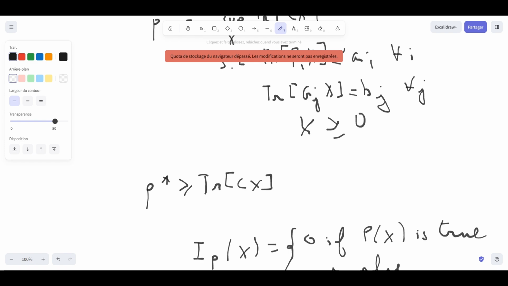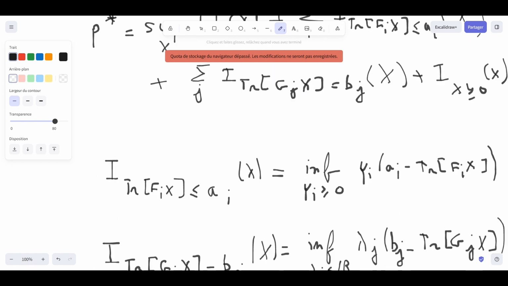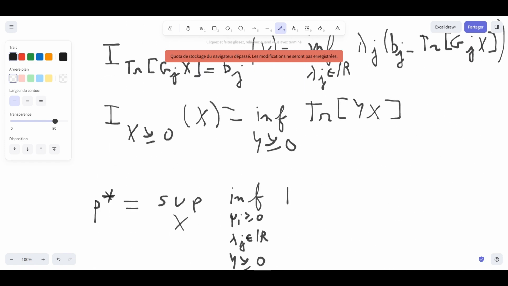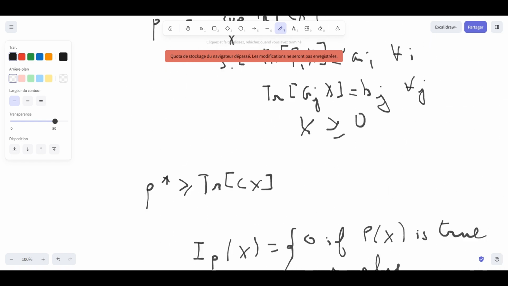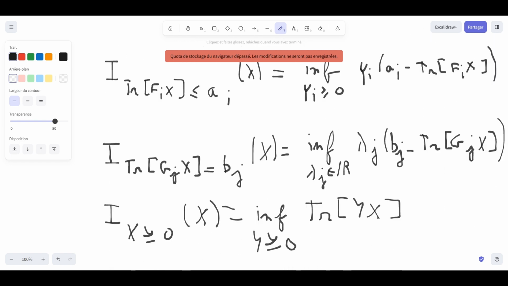And so yeah, you just try it. So this does not change because it was the goal and then the constraints, trace of cx. Now those three stuffs here, we replace them with those three stuffs. This, and this.